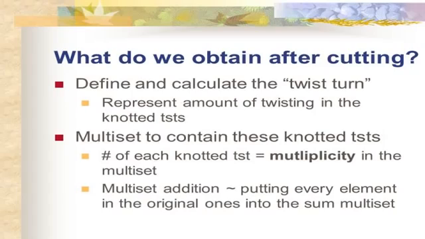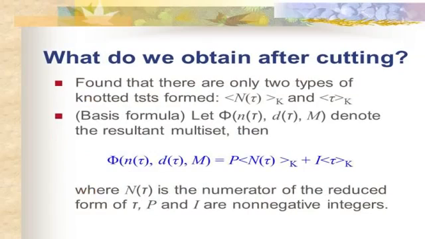These knotted TSTs can have their twist turns defined and calculated, and these twist turns represent the amount of twisting in the knotted TSTs. We decide to use a multiset to contain all these knotted TSTs, so that the number of each type of knotted TST is the same as its multiplicity in the multiset. Multisets can be added, just like putting two multisets into one, and then we sum the number of elements inside it.